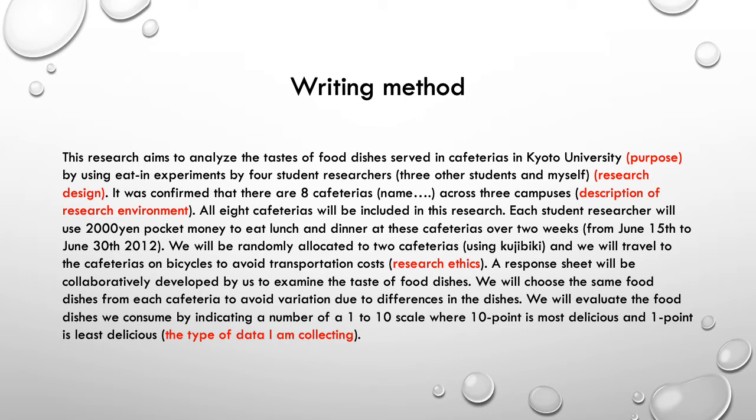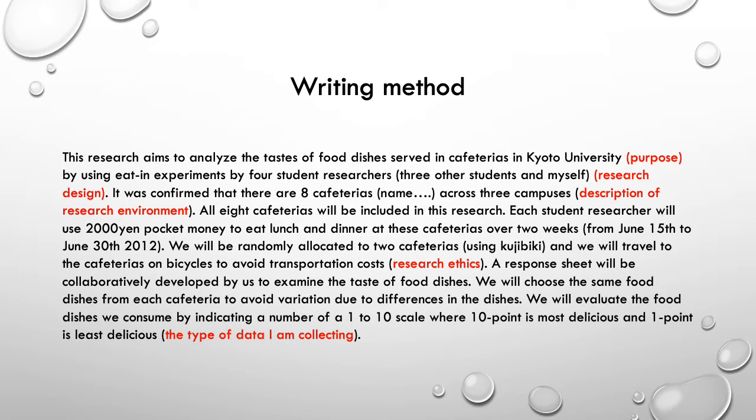The reason we put the purpose here is because purpose is the most important piece of information in this research proposal. Okay. We would often repeat the most important information many times throughout this paper. So in the introduction, in the method, and then also again in the conclusion.